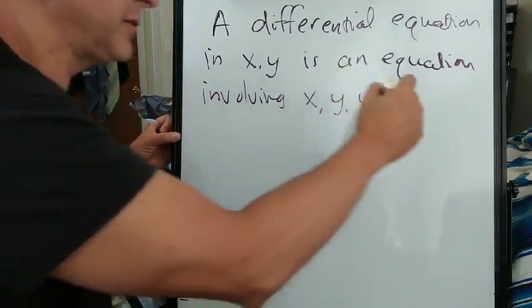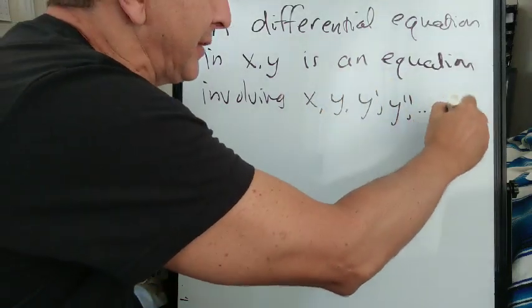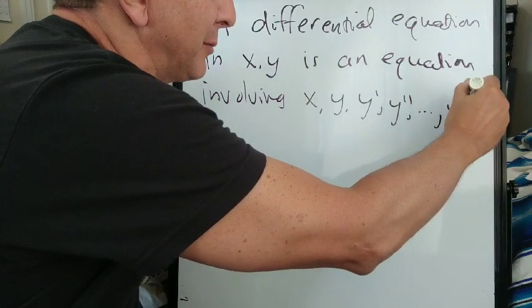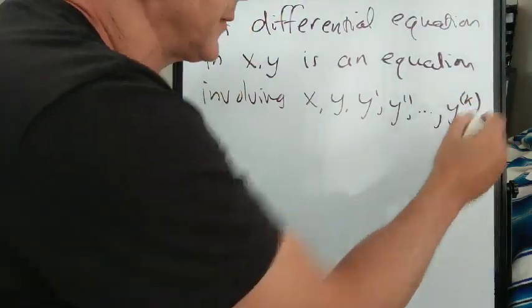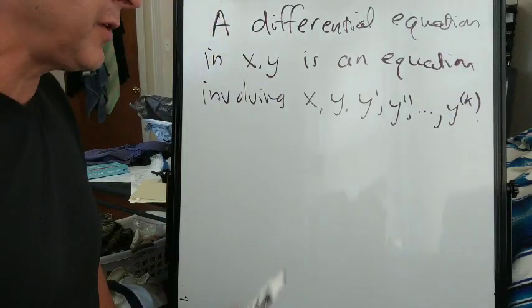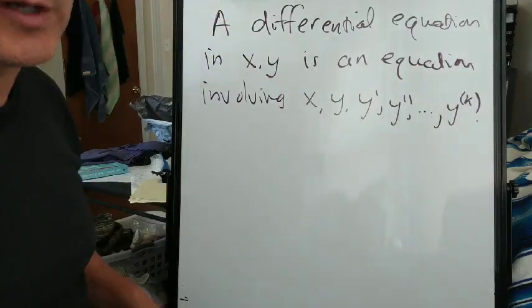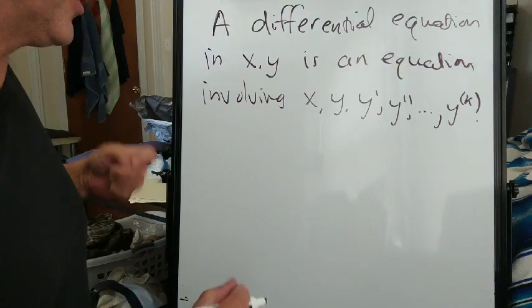Could be first derivative, second derivative. Let's say we go up to the kth derivative. I'll put k in parentheses to mean kth derivative. If the highest derivative we see is the kth derivative, we call it a kth order differential equation.